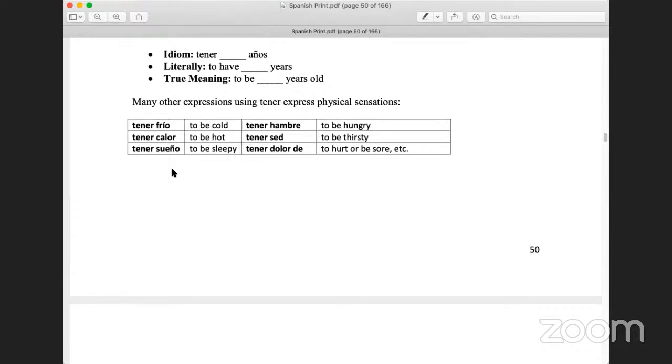So in this case, for the baby, I'll say tiene sueño. So that means he's sleepy. So tengo hambre, I'm hungry. If I say tiene hambre, I'm asking you, are you hungry? Tener sed, to be thirsty. Tengo sed, I'm thirsty. Tengo dolor de, I'm sore, I'm hurt.